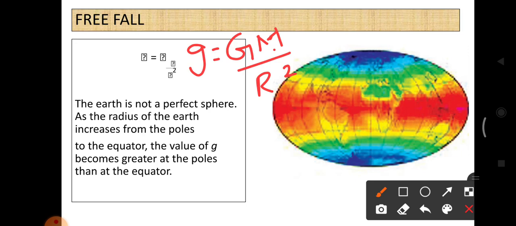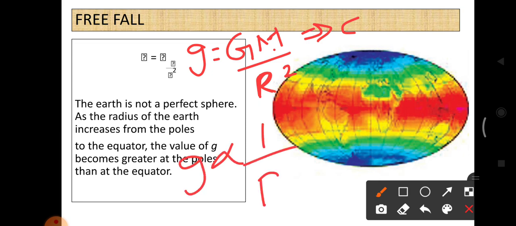The gravitational constant and the mass of the earth are always constant. And see the radius of the earth. Now you can compare. The acceleration due to gravity only depends on the radius of the earth. It does not depend on the mass of the earth. So small letter g, the acceleration due to gravity, is inversely proportional to r squared.